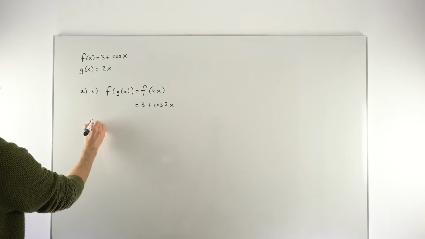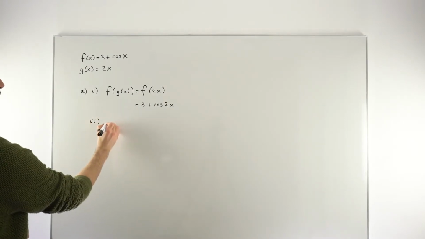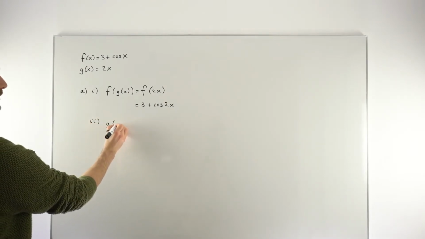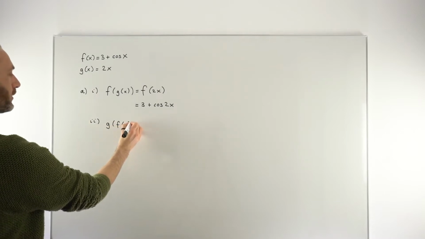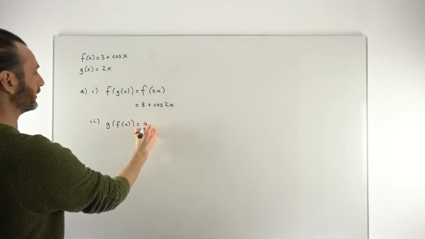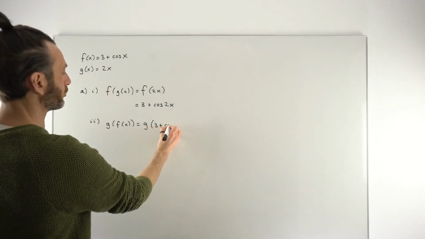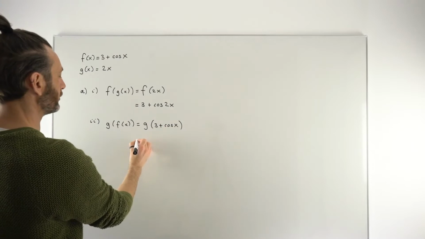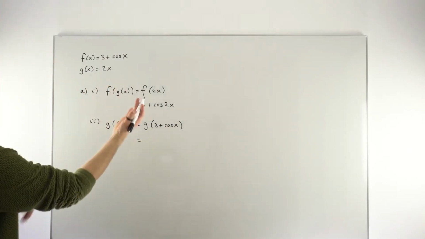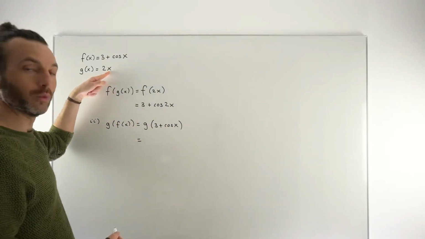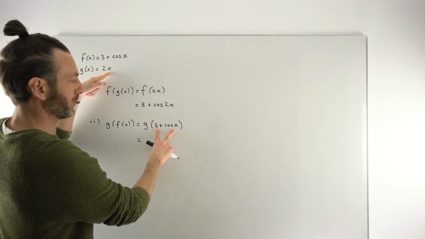And then in part A, part 2, we're doing the same thing but the other way around. This time we're doing g of f of x, so we're putting the f function inside the g function. The f function is 3 plus cos x, so again, good practice to write it like this. Then you look at the g function and say everywhere there's an x, which again there's only one of this time, we replace it with 3 plus cos x.